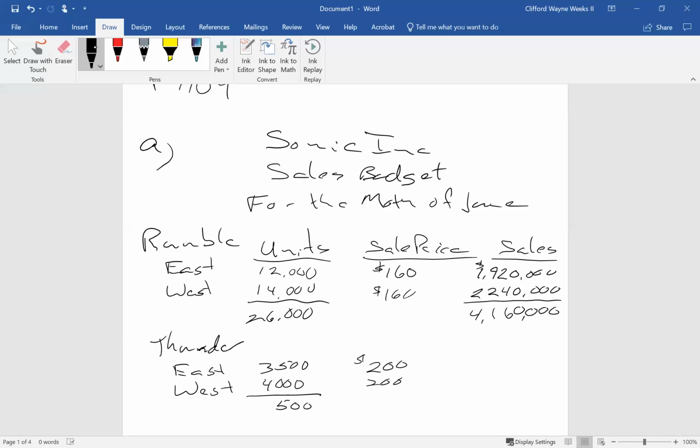And again, really a crucial number here is the total Thunder speakers that we're going to sell. So all we need to do is extend these across: 3,500 times 200. By the way, where do you think we came up with that selling price? Probably from our break-even analysis.